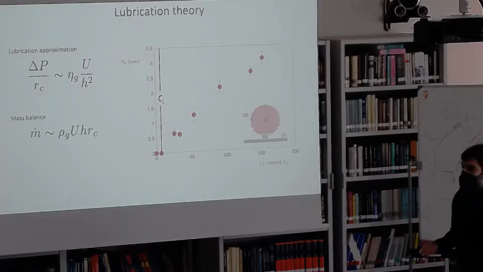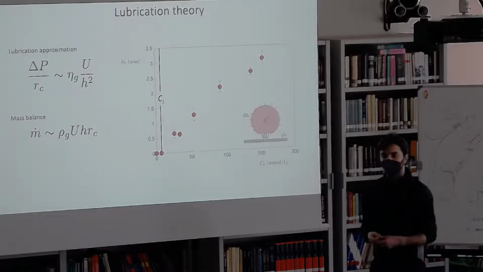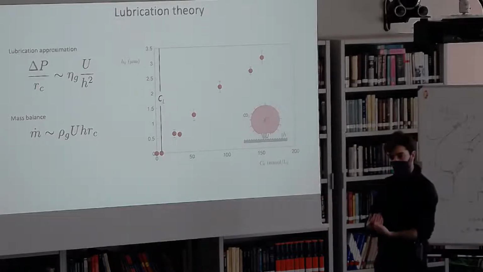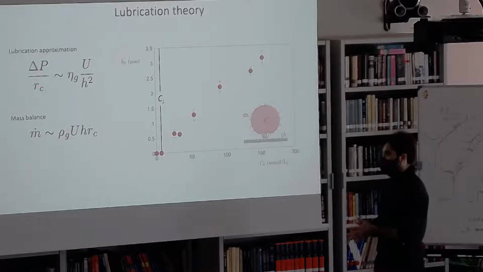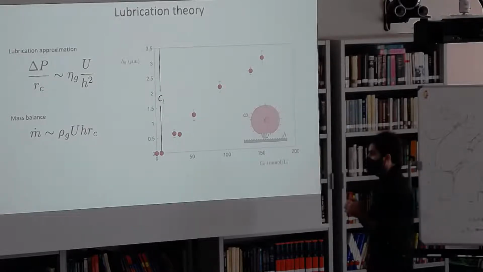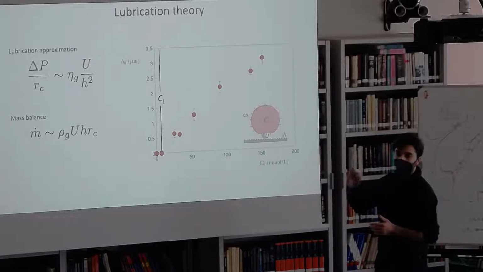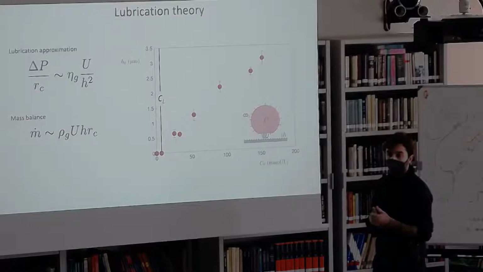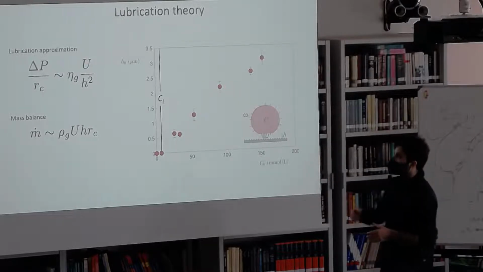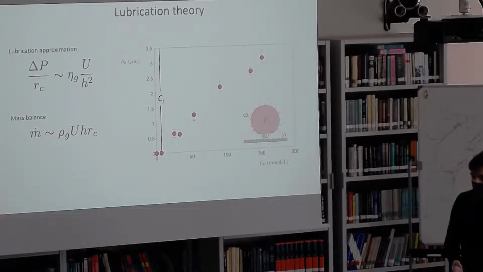The other thing you can do is use the mass balance between the amount of CO2 emitted by the droplet to feed the thin gap of CO2 below the drop. That scales linearly with the velocity of the flow. In that scaling, R_c appears, which is where you find a huge dependency on the volume of the drop.